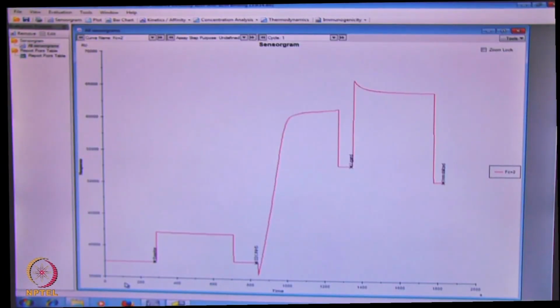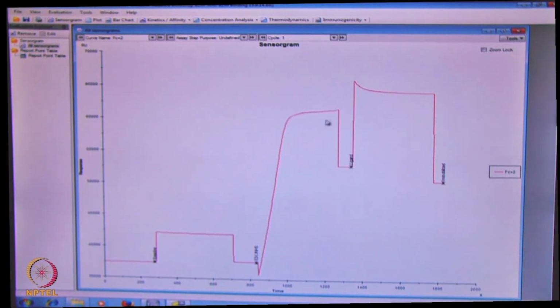Now analyzing the immobilization sensorgram, we observe the baseline here followed by EDC NHS activation of the dextran matrix, which is again followed by baseline after activation of the surface. This is followed by covalent coupling of the ligand to the dextran matrix.